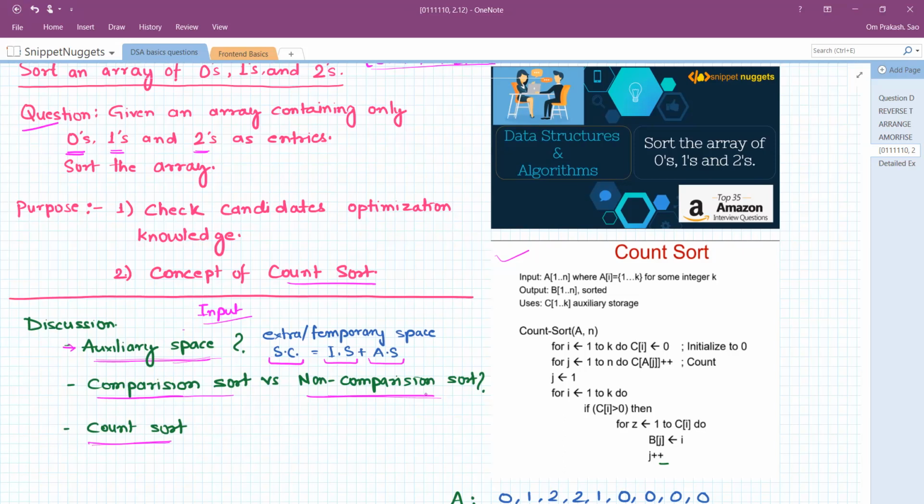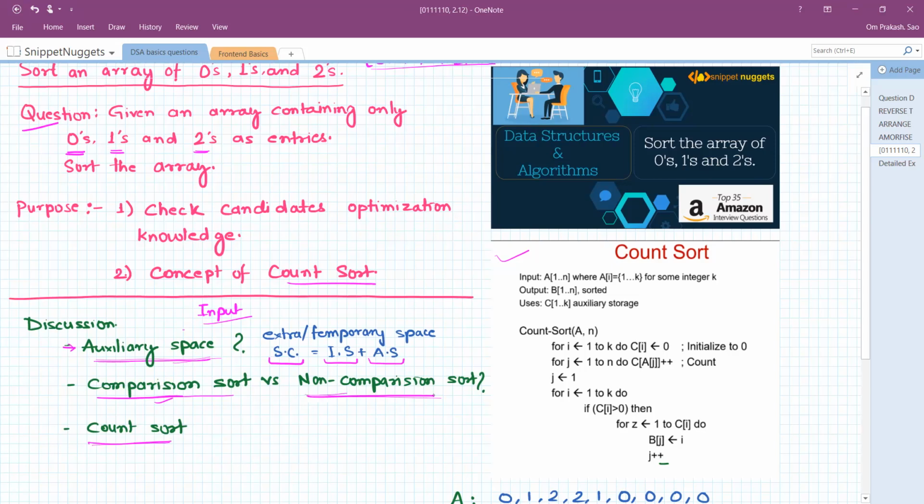So comparisons among the entries or items are required. Examples are merge sort, quick sort, selection sort, insertion sort. I think all the conventional sorting algorithms come under comparison sort because they involve comparing the elements.